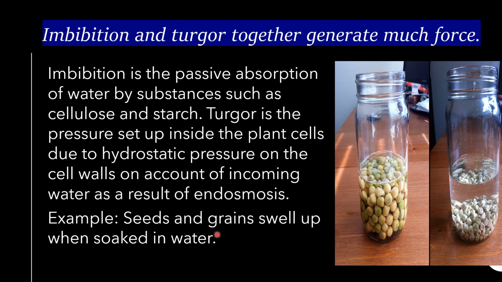Example, seeds and grains swell up when soaked in water. Here you can see, seeds and grains swell up when soaked in water due to imbibition and turgor. These both together generate much force.